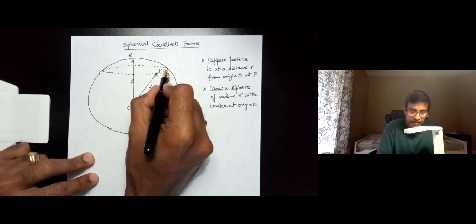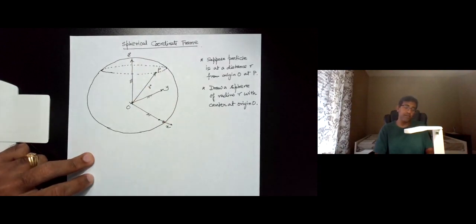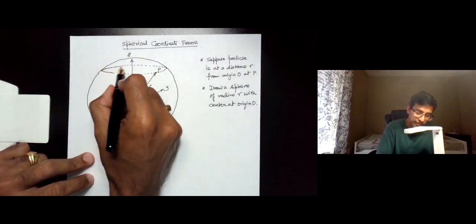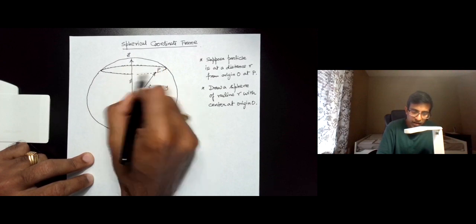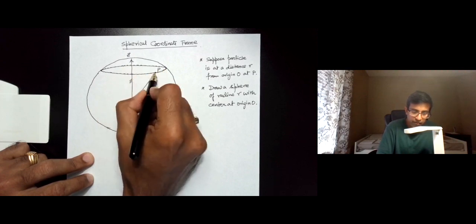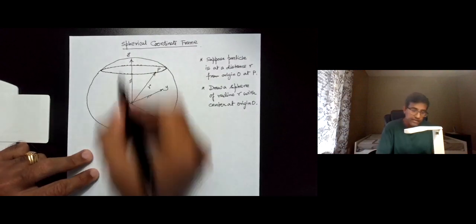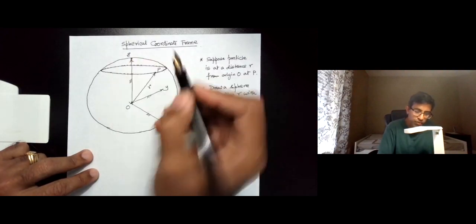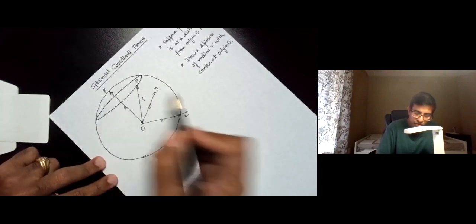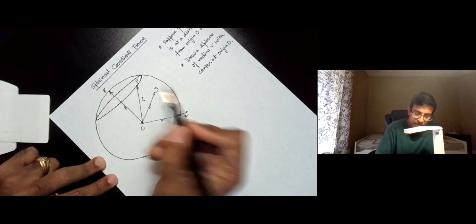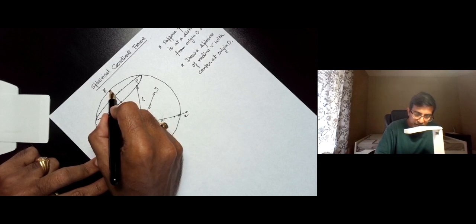So let's say that this is the meridian, this is the latitude of the particle, and similarly considering the topmost point of the sphere, we then draw the meridian.